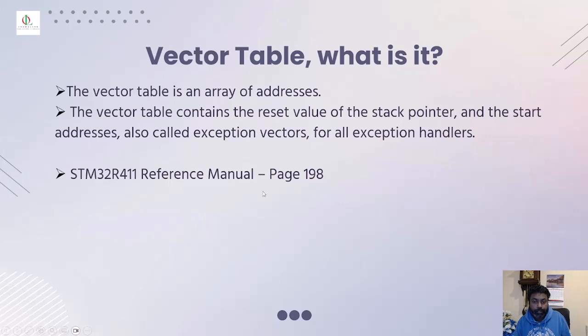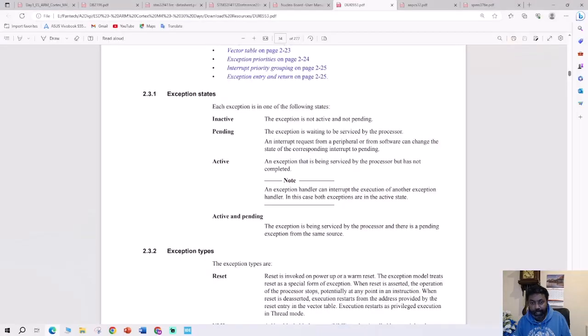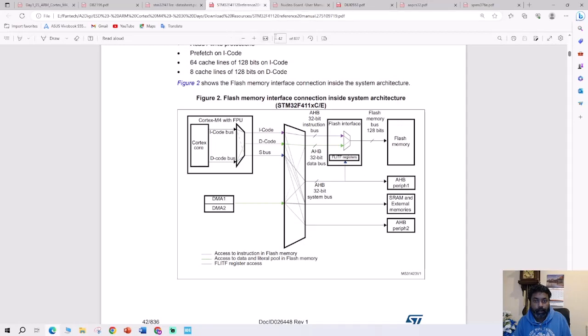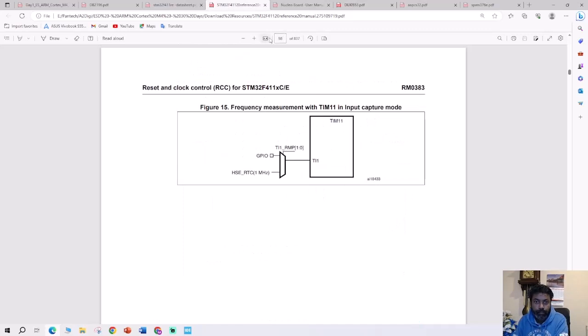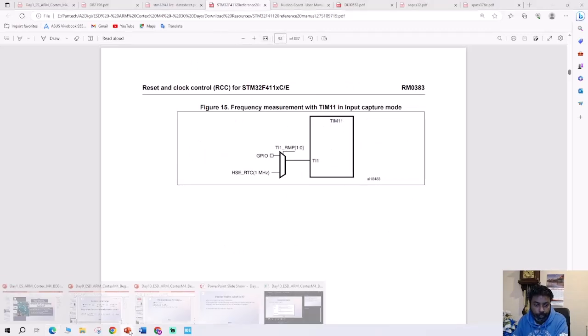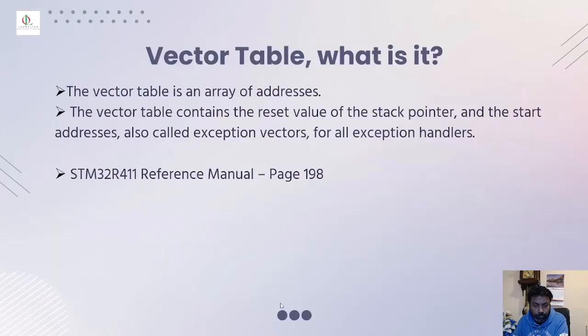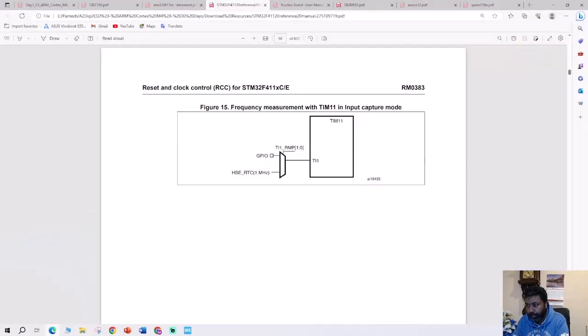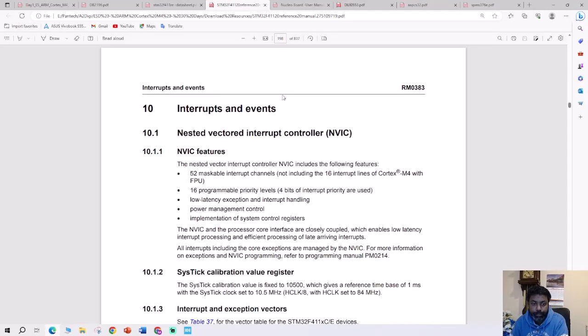So let's go into the reference manual, page 198. You will see the exception handler, the vector table, the interrupts and the events.